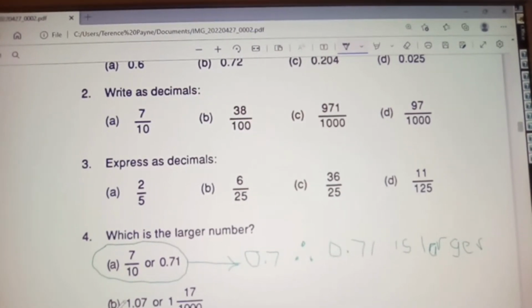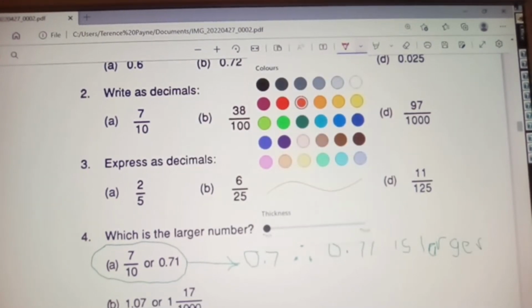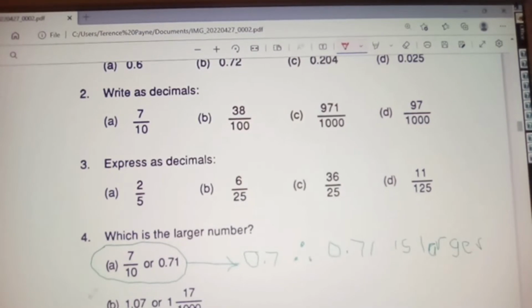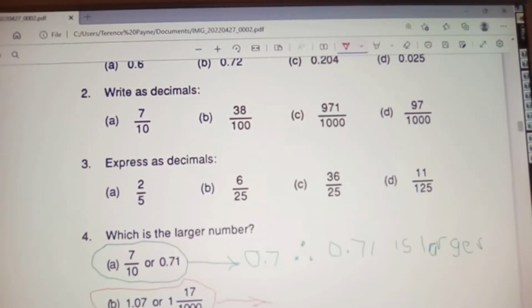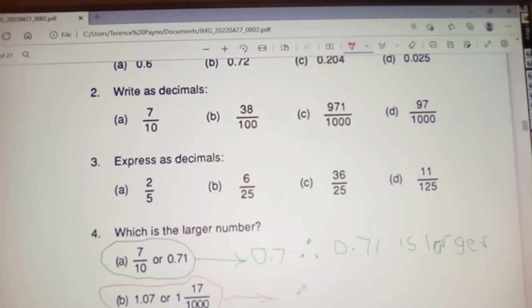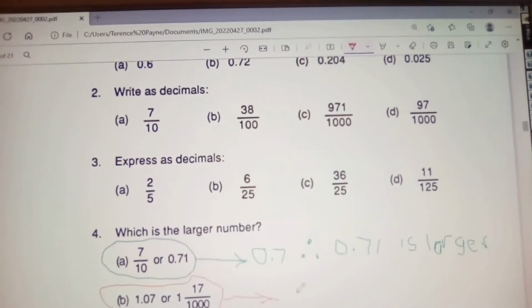Now we're onto the next one, so let me just change the color of this again so we can see what we're looking at. We're now doing this one. Now it's 1.07 or 17/1000, which is larger?